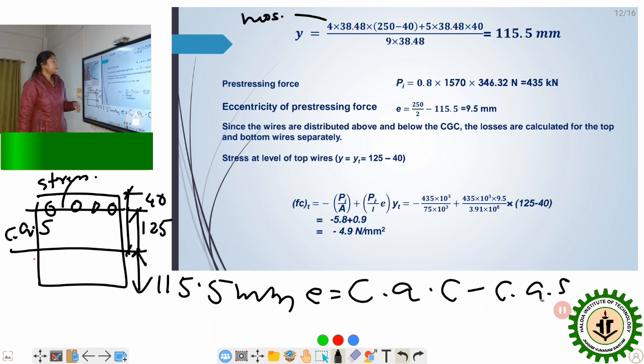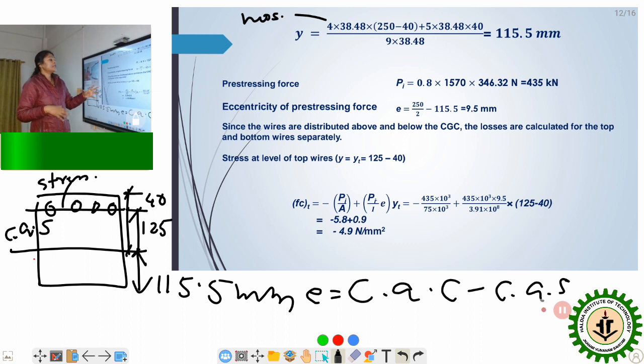And this is where the tendons are put. Now, how are we going to get FC? While stressing the tendons, since the tendons are at an eccentricity from the centroid of the concrete section, we will have a couple of forces acting in the opposite direction on the top fiber and in the same direction on the bottom fiber.